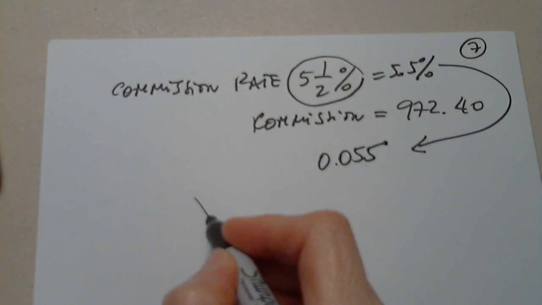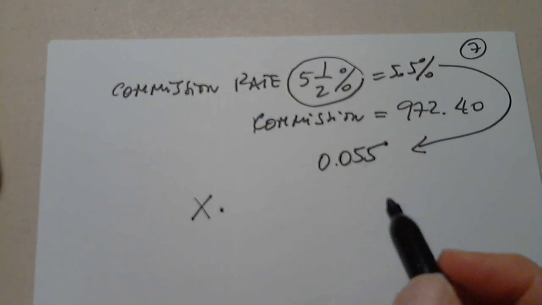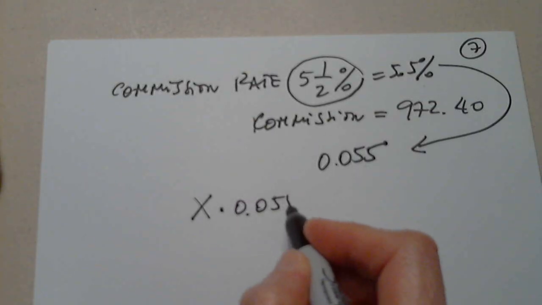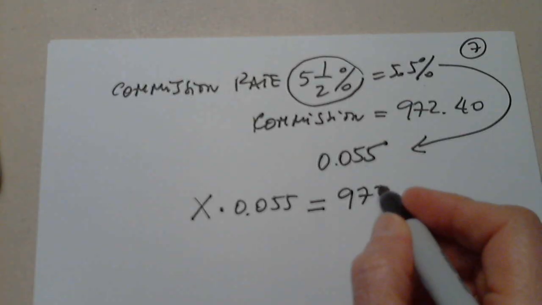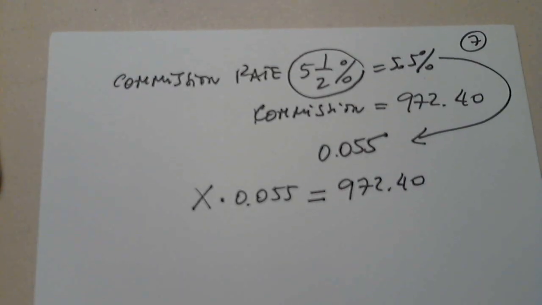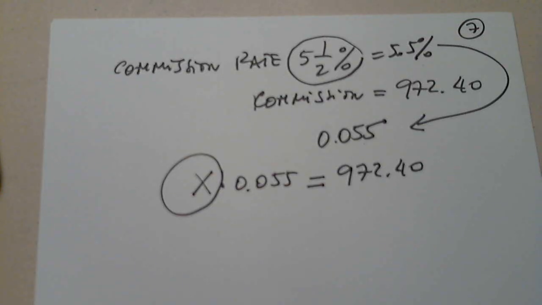So on a particular amount of sales, we are paid 0.055, and we get in our hand 972.4. How much did we sell? How do I get that?